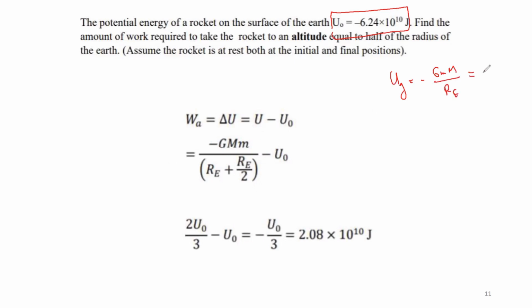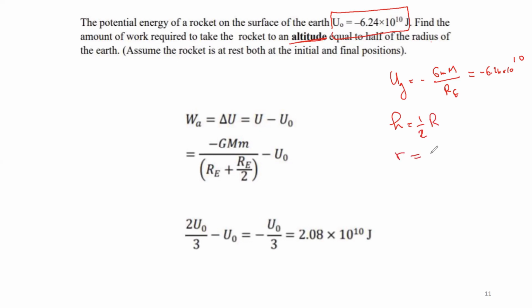And this is equal to minus 624 10 to the power 10. So find the amount of work required to take the rocket to an altitude h equal to half of the radius of the Earth. So h is half the radius of the Earth.